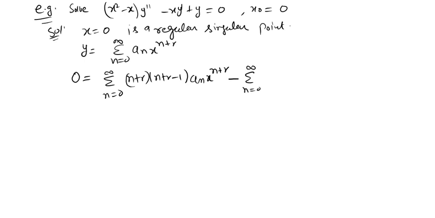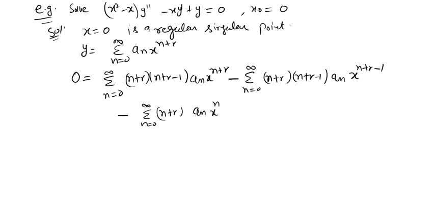I'm writing terms separately: n plus r comes from the second derivative, term by term differentiation, x^(n plus r minus 1). Then I am writing x y dash, so n plus r an x^(n plus r), then y, sum n from 0 to infinity an x^(n plus r).